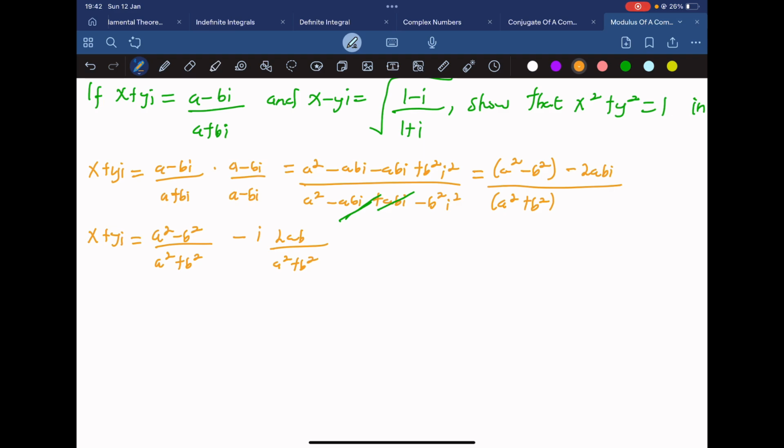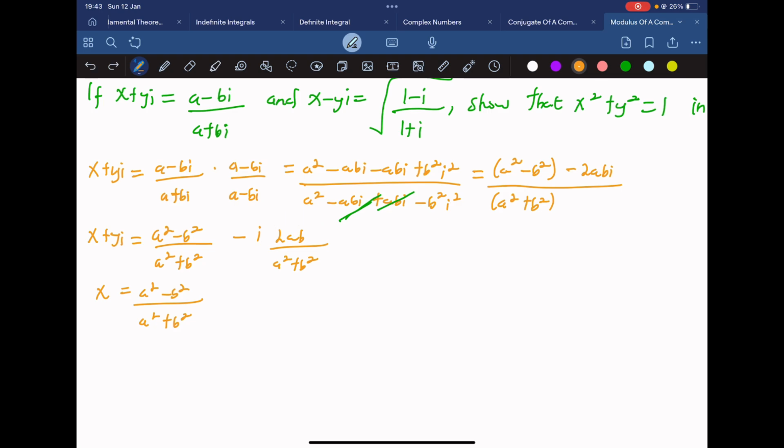Remember, we can do that because these two terms share a common denominator, right? That's why we've been able to divide the expression into two. So now the x over here corresponds to the first term right here. So it means that our x is equal to a squared minus b squared over a squared plus b squared. Now your y corresponds to the coefficient of i here.